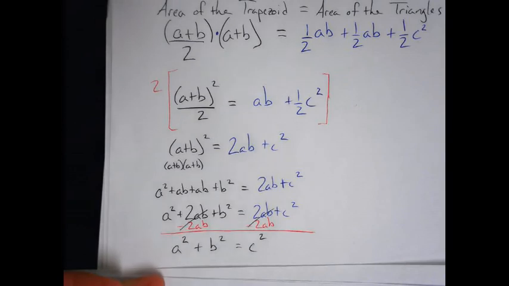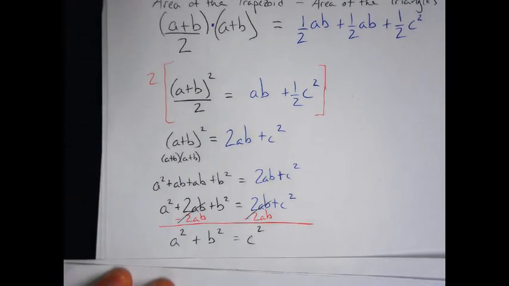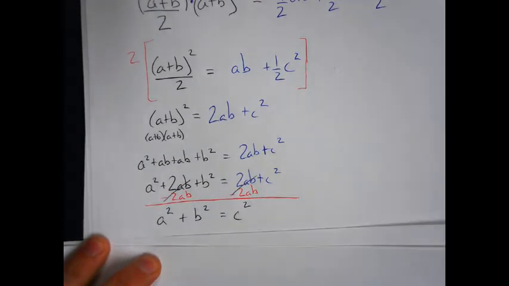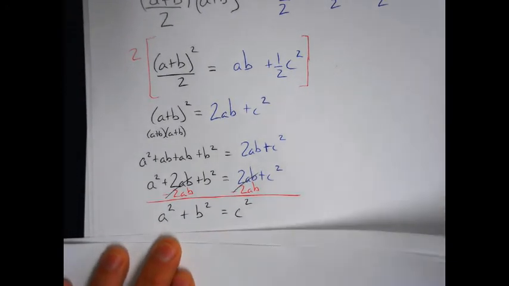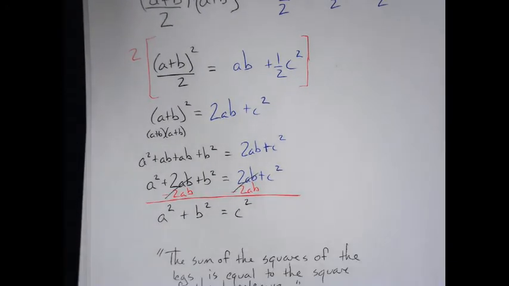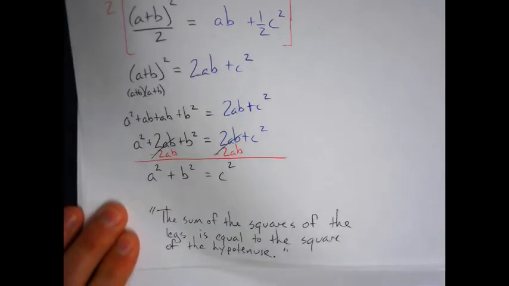Now we have a proof of the Pythagorean theorem by President James Garfield. One thing I want to leave you with: I don't want you to call this "A squared plus B squared equals C squared." I want to make sure that you know what this means. Please make sure you know your vocabulary so we can use good vocabulary.